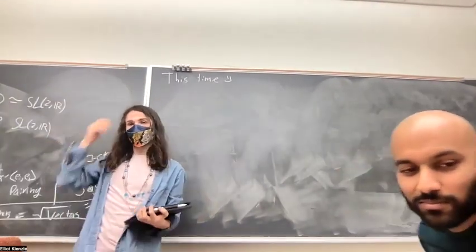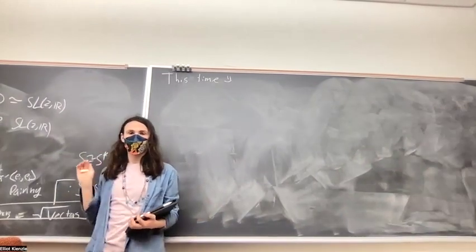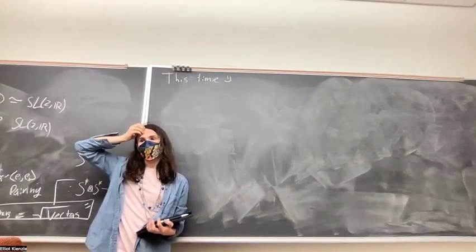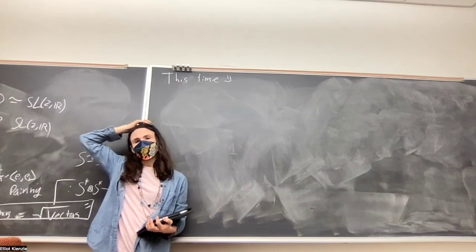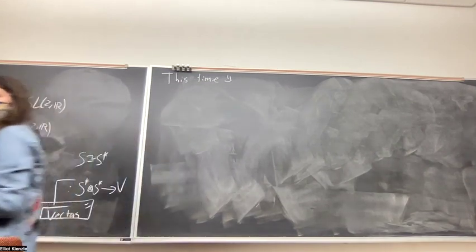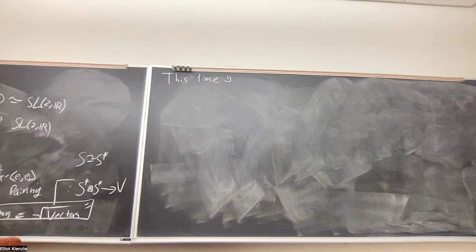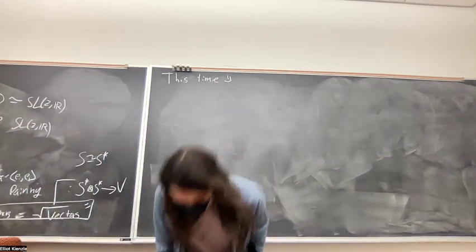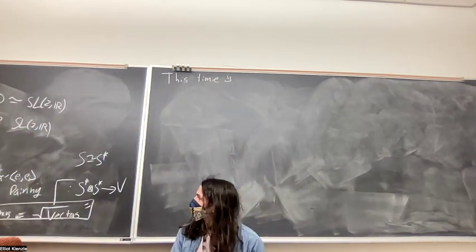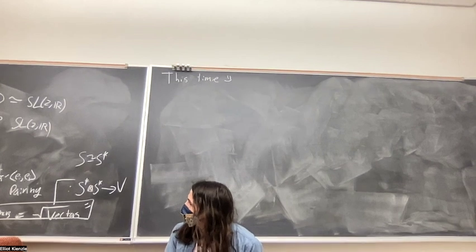I think we claimed that S is like a real structure on the complex spinor representation. Did we know why that was invariant, or why the Clifford algebra? Right. So last time we had this big debate about why.